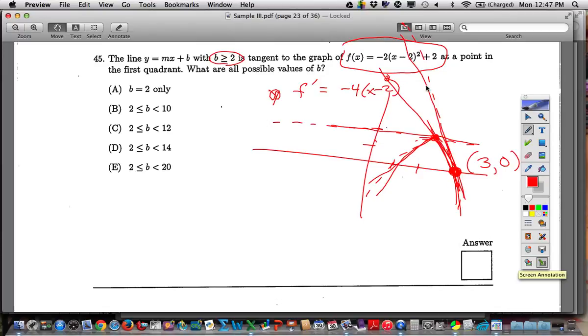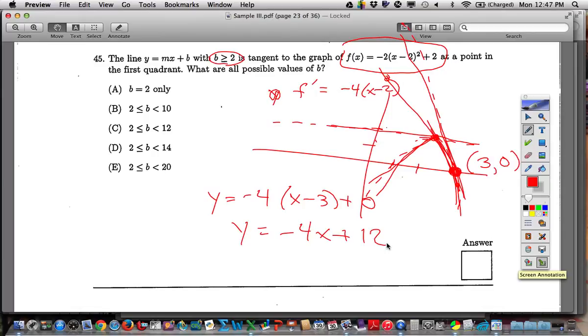The plus 2 will be gone, so there's f prime, so put a 3 in there. 3 minus 2 is 1, so that's -4. So our slope is -4. It's at the point 3, 0. So y equals -4x plus 12, right?